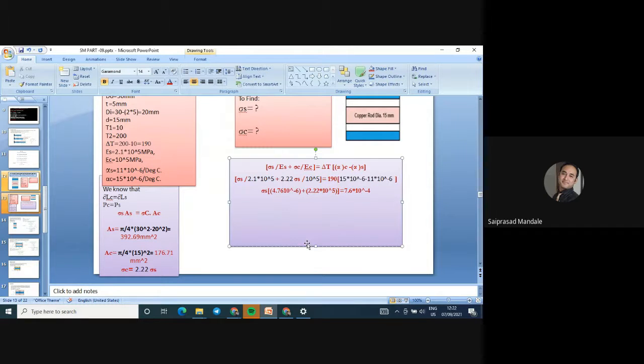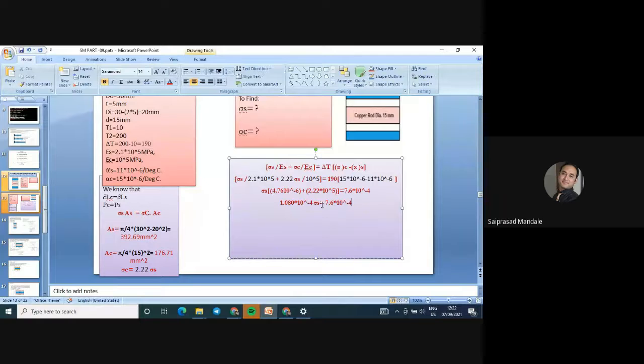So the next step would be the addition of both: plus 4.76 into 10 raised to minus 6. It is 1.08 into 10 raised to minus 4 of sigma c, is equal to this much.